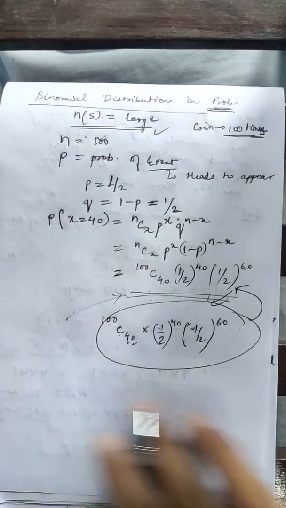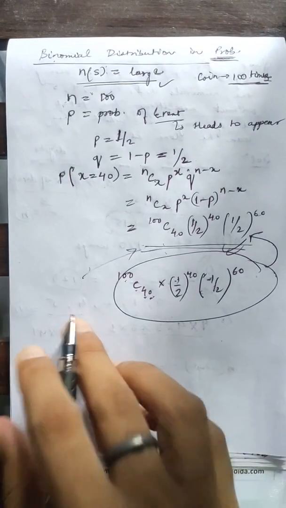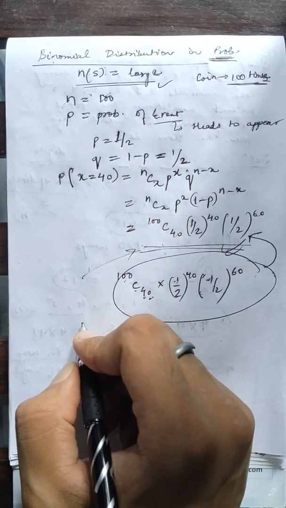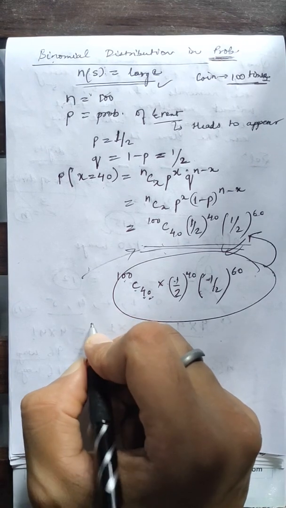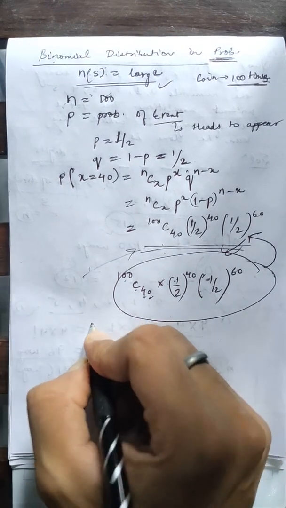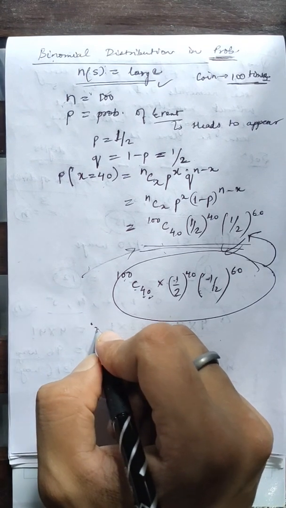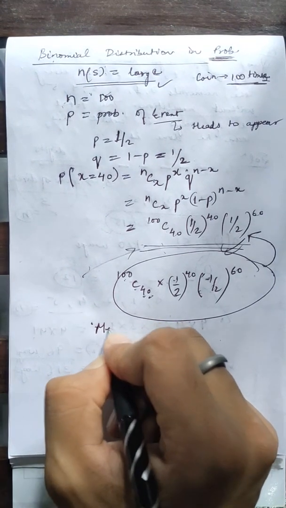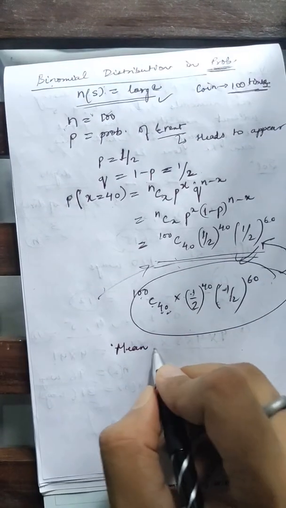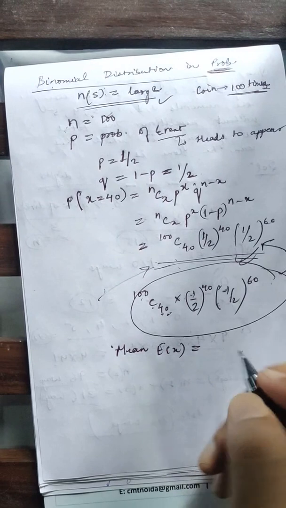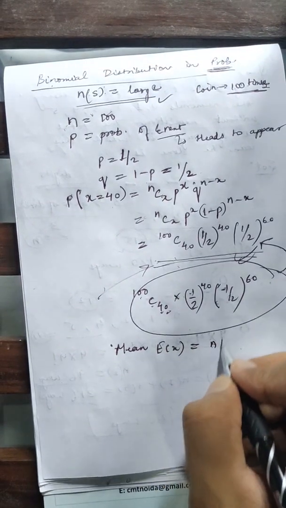So you then think why we need to remember this binomial distribution. There is one use of it, where what you need to remember is only this part: for binomial distribution we need the mean. The mean of a binomial distribution is the expected value of x, and it is given by np.